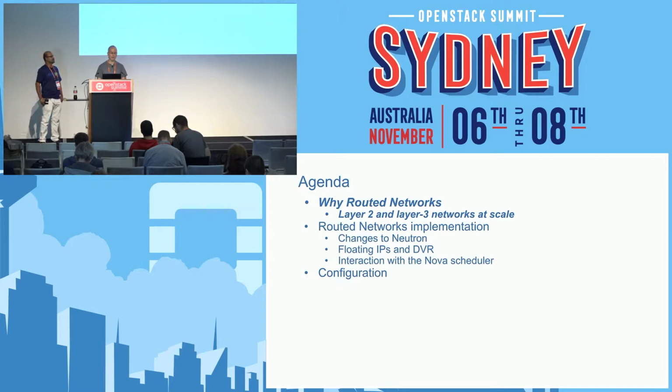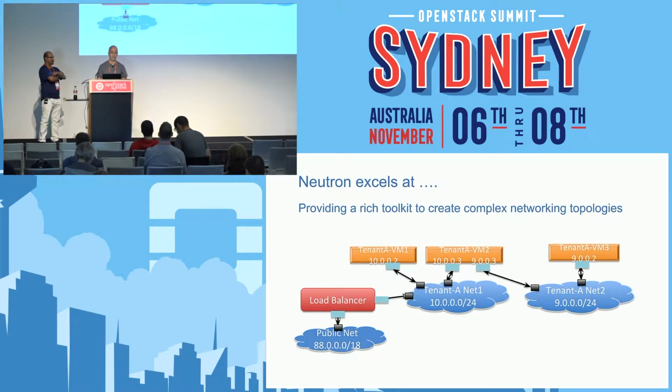So why routed networks? The important thing to remember about Neutron is that, in principle, all your networks in Neutron are a single broadcast domain. The networks are defined at level 2, and they represent a unified broadcast domain. And that, over the time, has allowed us in Neutron to provide a rich toolkit to create complex networking topologies.